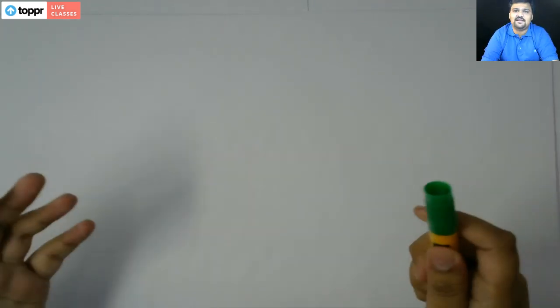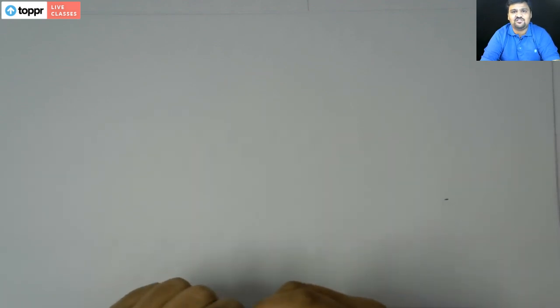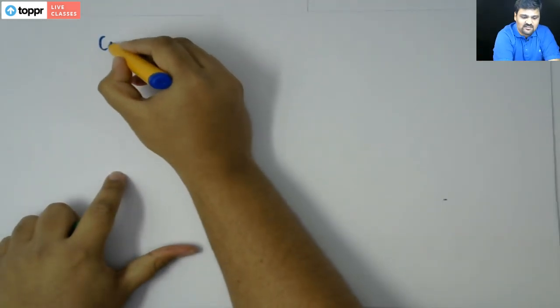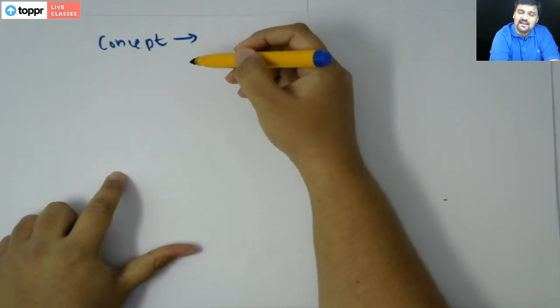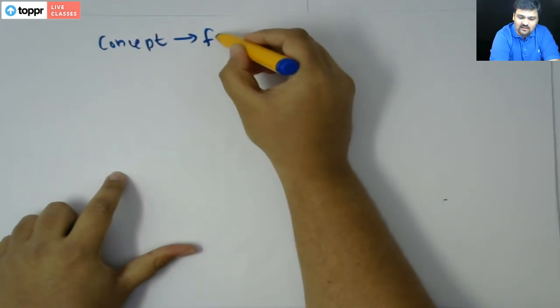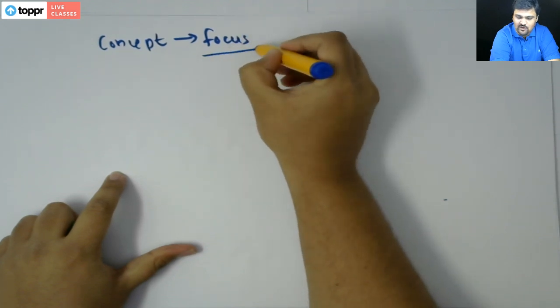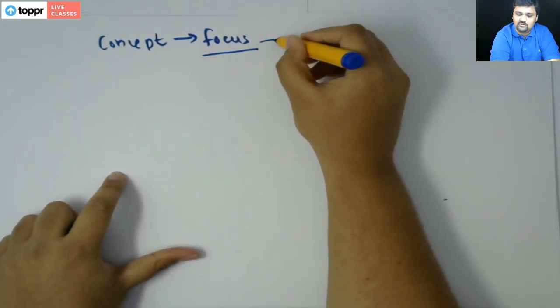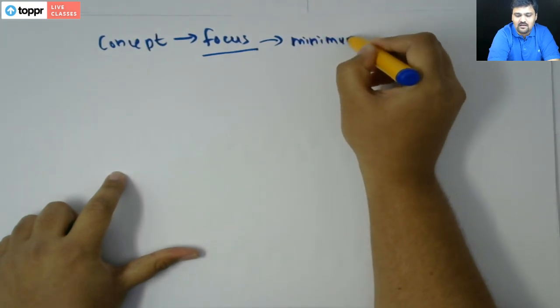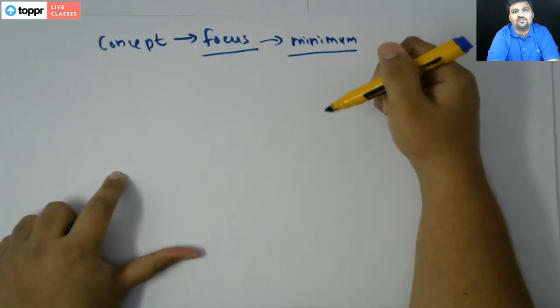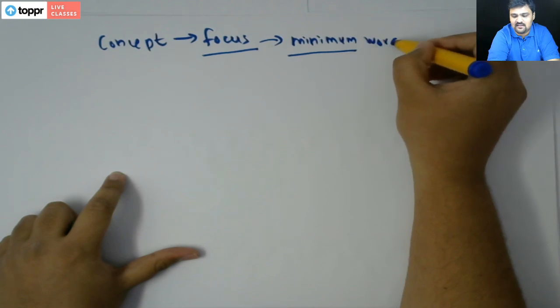Now if you know that such type of questions, like let's say define decentralization, are concept based, they need to be answered with a complete focus, because you have to answer them in the minimum possible words. So minimum words is the key.